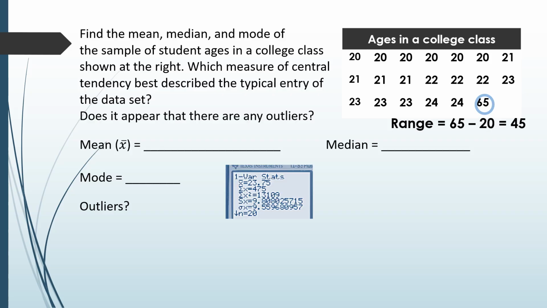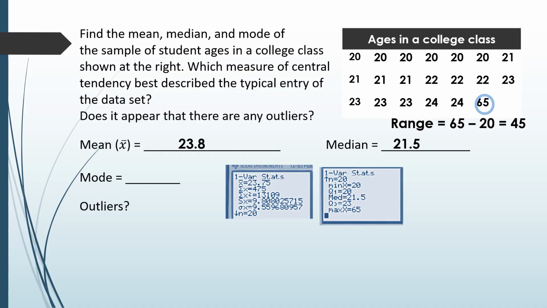When we put our data into a graphing calculator, we can find our mean to be about 23.8. If you scroll down, you also get the 5-number summary, and our median is 21.5. The mode's the most frequent value, which the calculator will not hand you.